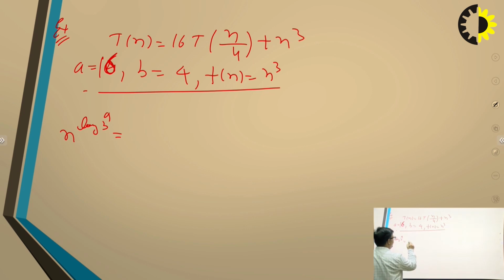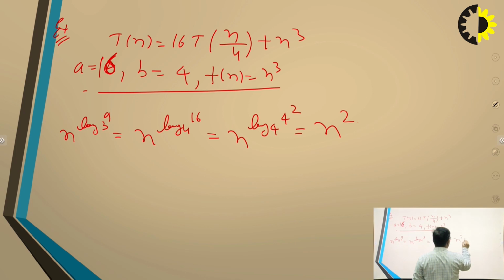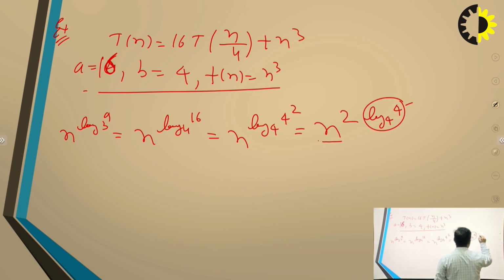What is log a base b? n to the power log a base b is n to the power log 16 base 4, which is log 4 base 4 square, so the value is n square, and log 4 base 4 is equal to 1. So we will get n square.